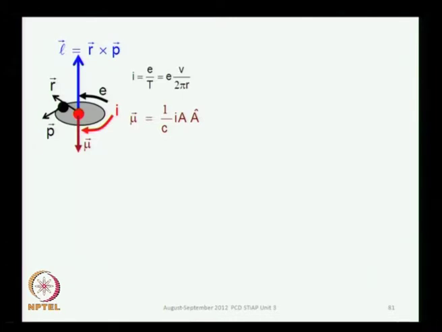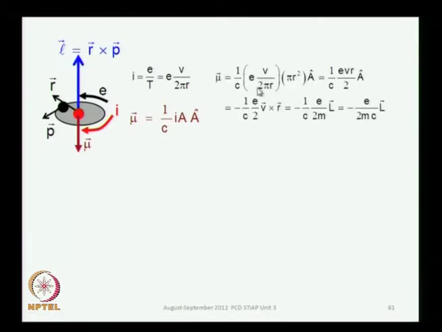In SI it would be just I A, because these two are orthogonal, so the sin theta is 1, but in our system of units this is 1 over c times I A. So, this is the effective magnetic moment of the Bohr orbit, and this effective magnetic moment, which is 1 over c times I, is ev over twice pi r, the area enclosed is pi r squared, r being the radius of the Bohr orbit.